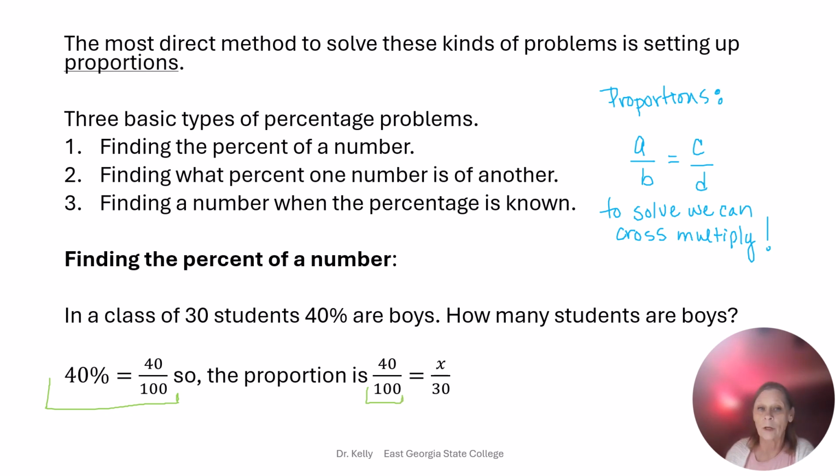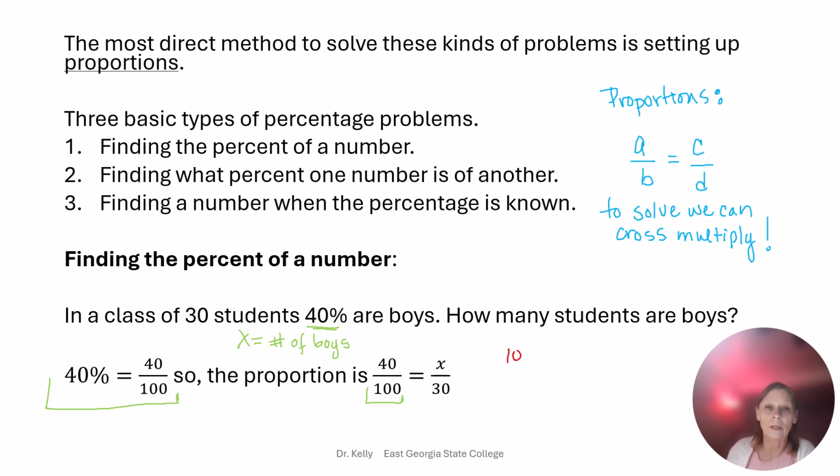40%. So 40 over 100 is equal to x over 30, where x is equal to the number of boys. It said 40% are boys, so we're looking at the number of boys here. And so to solve this, we'll just cross multiply.